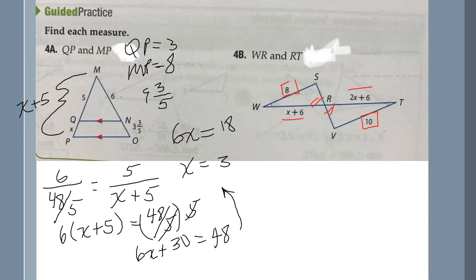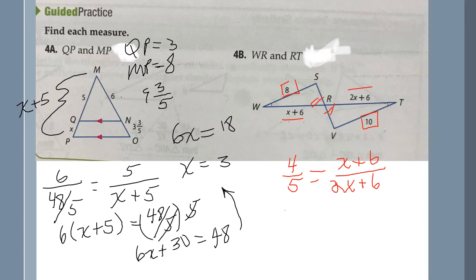Okay, so 8 over 10 is 4 over 5. So I like to reduce whenever possible. So 4 over 5 is going to be equal to x plus 6 over 2x plus 6. So now let's cross multiply.